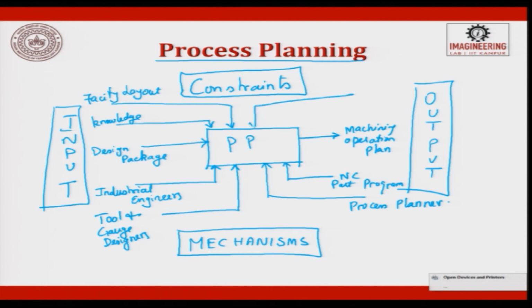So, you have to put an input of intelligence and then time. So, all these things are inputs which are given for process planning, and the only output you get is the machining operations plan. So, this is a complete schematic diagram of all the inputs given to a process planning operation and what you get out.